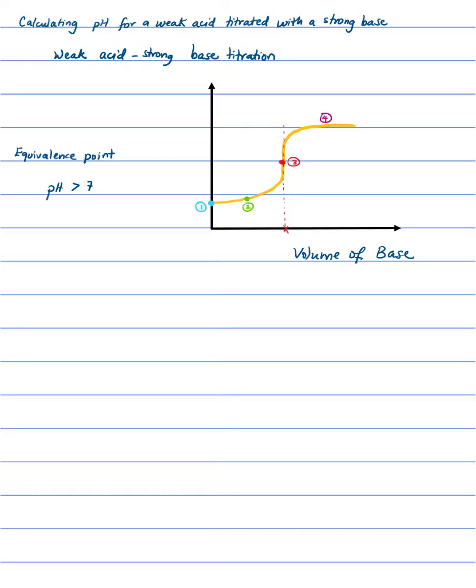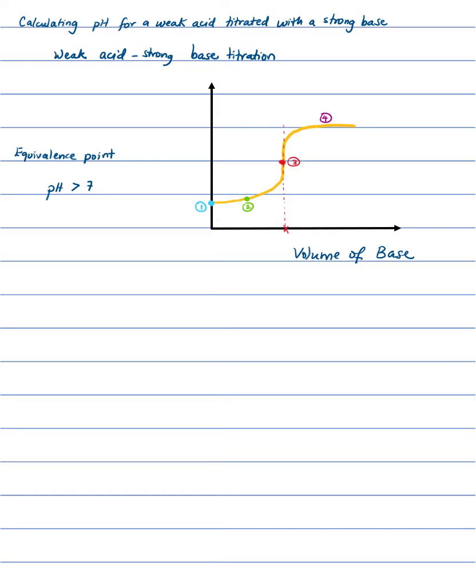Number 2, now we're going back to number 2. That number 2 represents the pH value at halfway the equivalence point. So I have my number 3, and you see how I have a dashed line going down to your x-axis where you have volume of base. That volume of base that I have marked right there represents the volume of base that you need to add to neutralize all of the acid present.